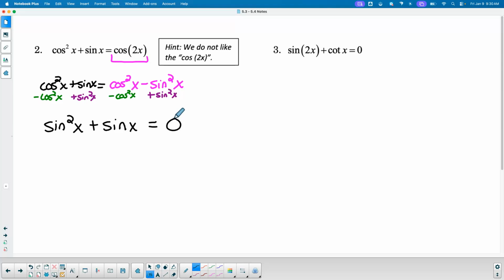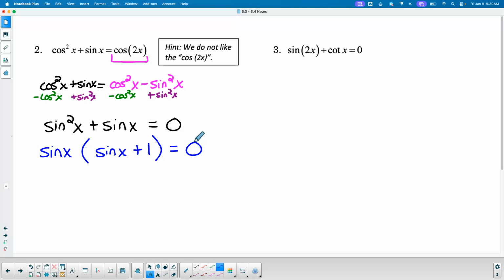Now what can I do? Factor out a sine. What's left over? Sine plus 1. Factor any more?